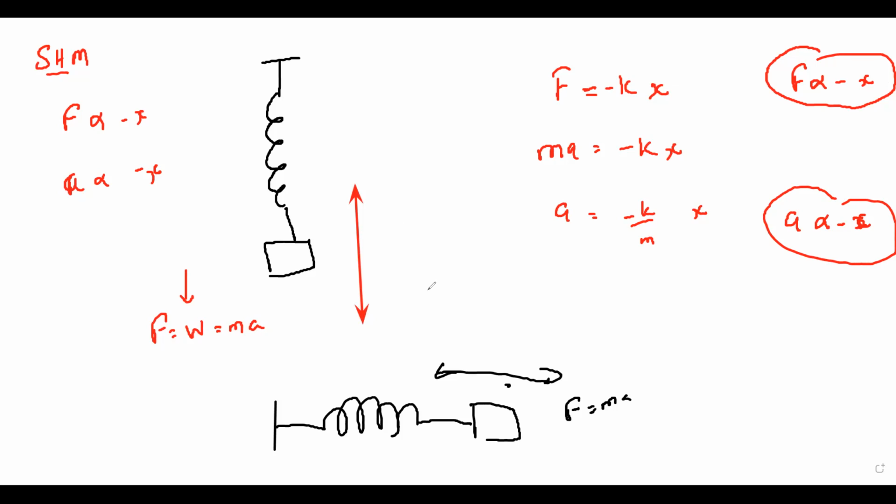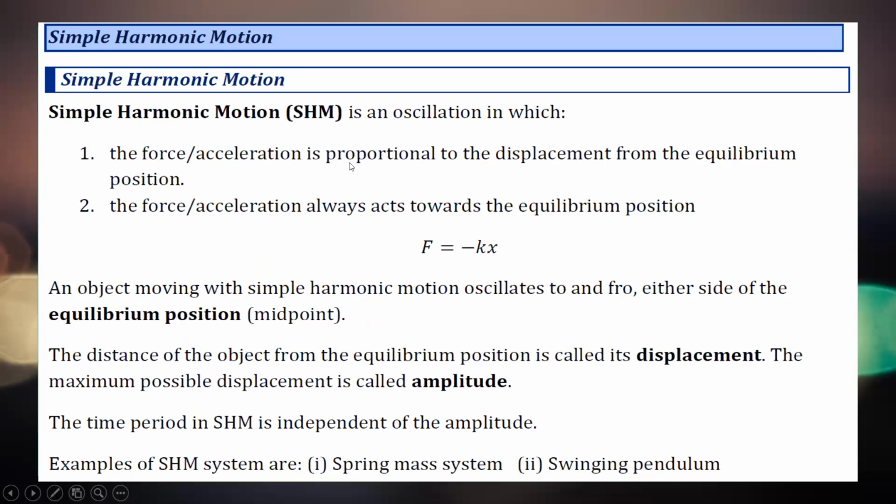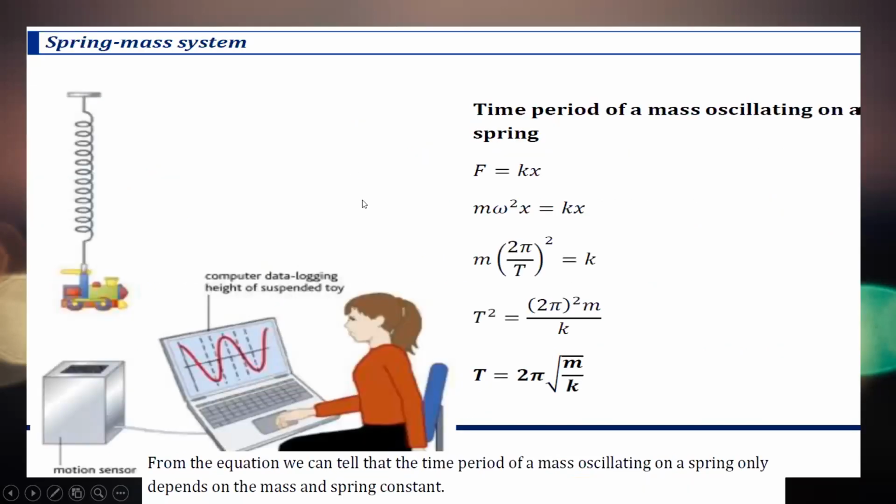So a mass attached to a spring is actually performing a simple harmonic motion. Why? Because we are able to get this relation, that F is proportional to x, or a is proportional to x. So a mass attached to a spring will undergo simple harmonic motion.